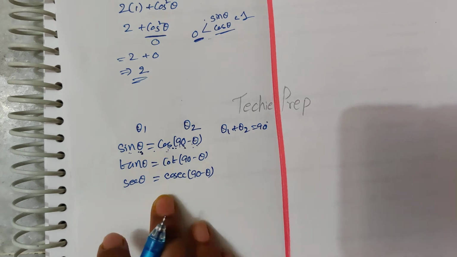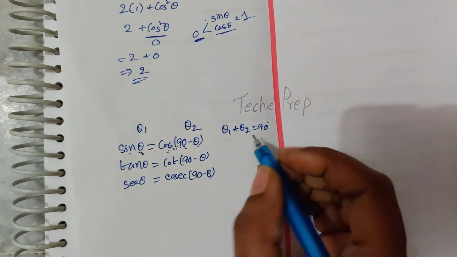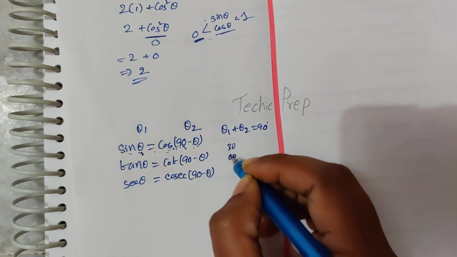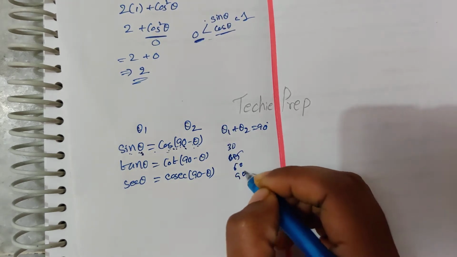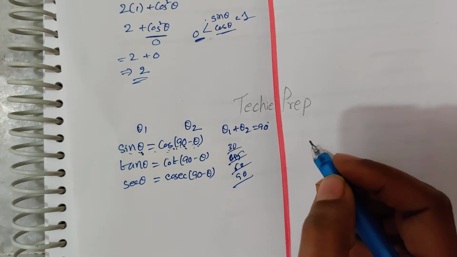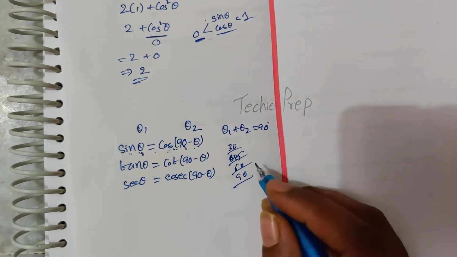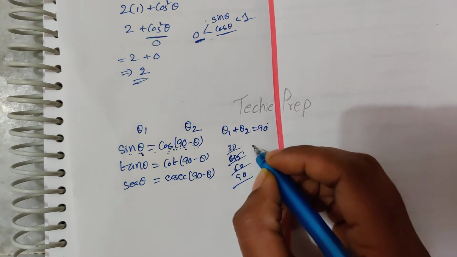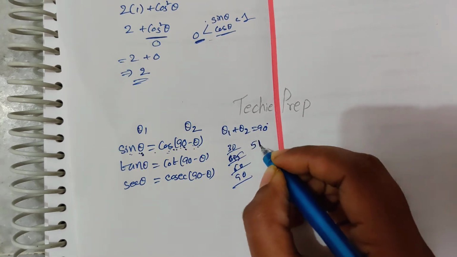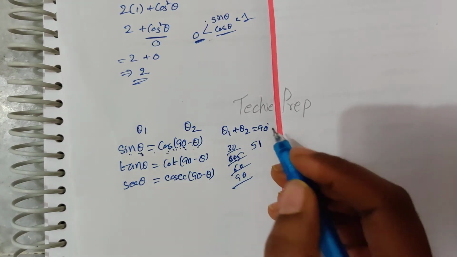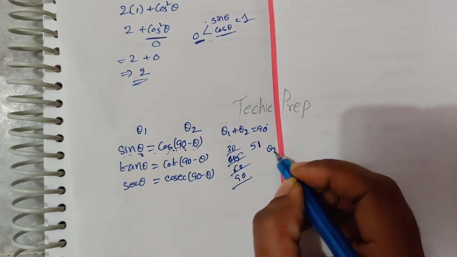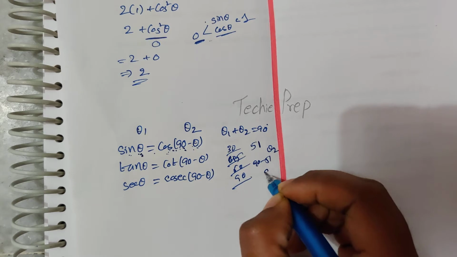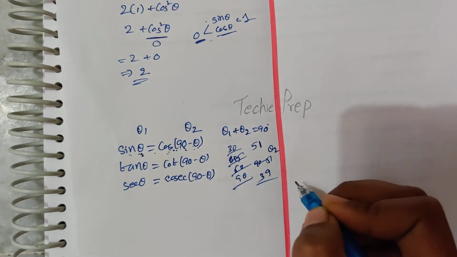In a similar way, we will have theta values like 30, 45, 60 and 90, and we all remember these values for sine, cos, tan, secant. But if we are given one angle, like theta 1 is 51, then theta 2 automatically becomes 90 minus 51, that is 39.